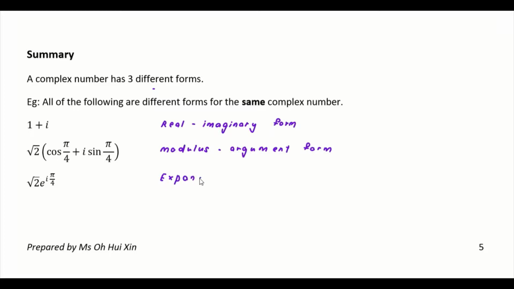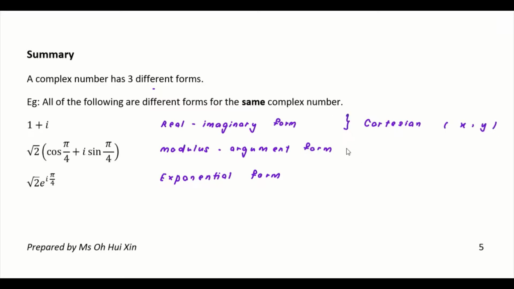Under the first one, using the real part plus the imaginary part, we are actually using the coordinates in the Cartesian plane. That's why this is called the Cartesian form, where we have the coordinates x and y.